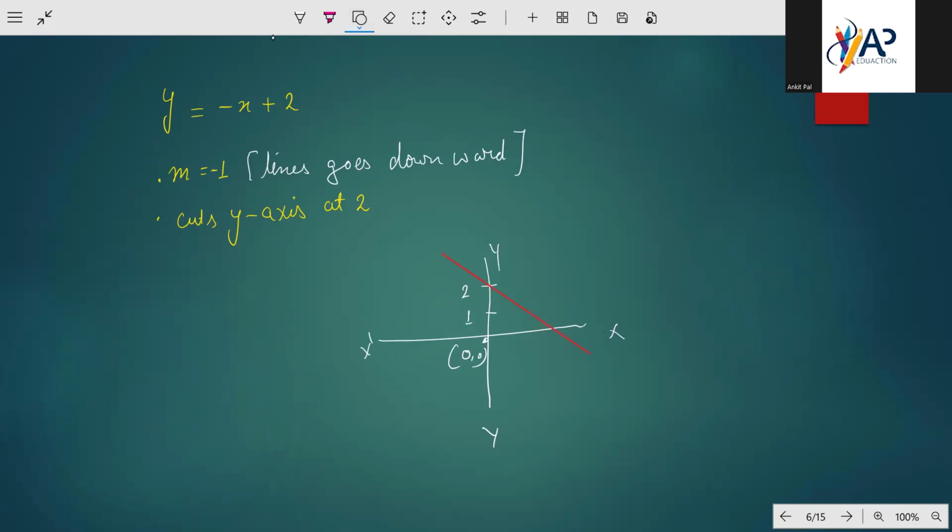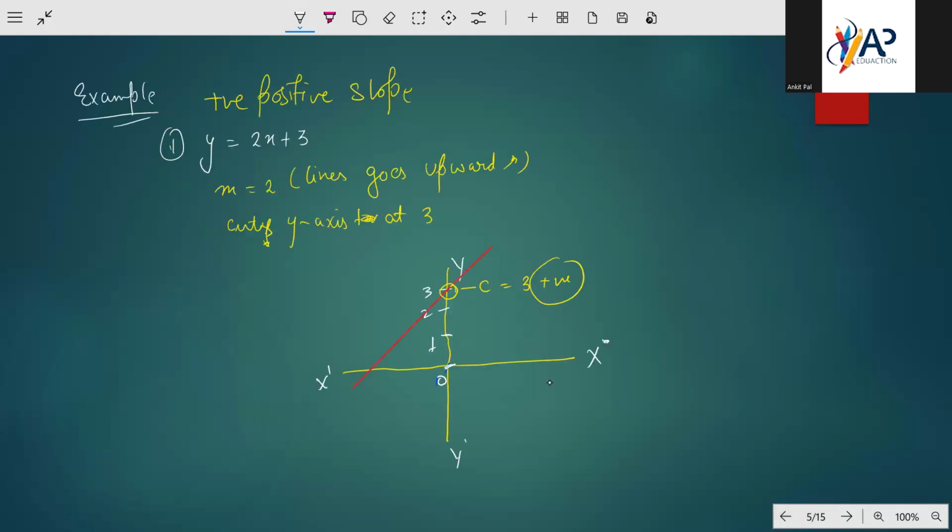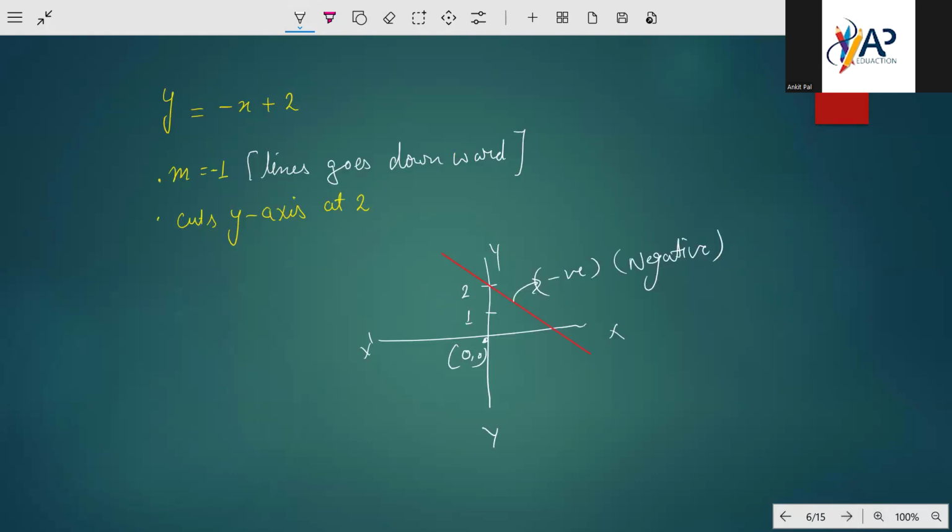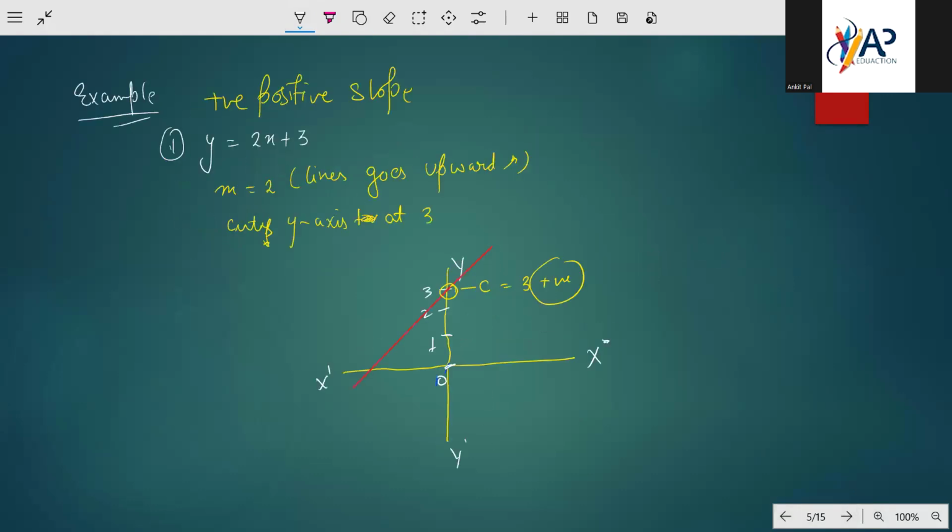It means this slope is basically telling me it is negative. Can you see the difference of positive graph and the negative graph? Yes. Very good.